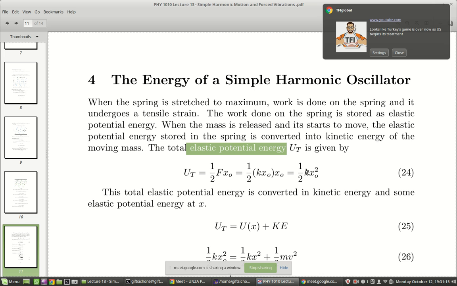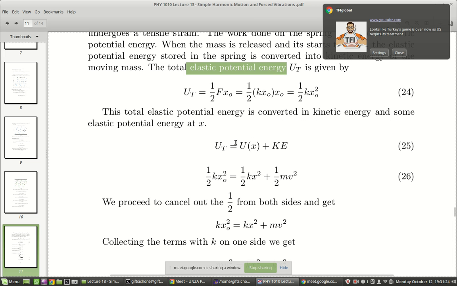The total is this one: half k x naught squared equals half k x squared, the potential energy at a displacement x, plus the kinetic energy. There is half everywhere, so you can cancel out the half. When you cancel out the half, you remain with k x naught squared equals k x squared plus m v squared.